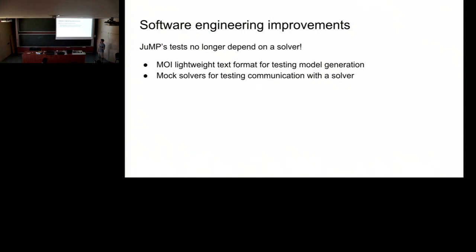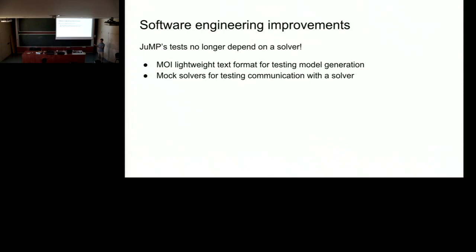One of the things that I'm very happy about is that JuMP's unit tests do not depend on having a solver available. It's nice, especially for MOI when we are in a state of flux with which solvers actually are implementing the interface.